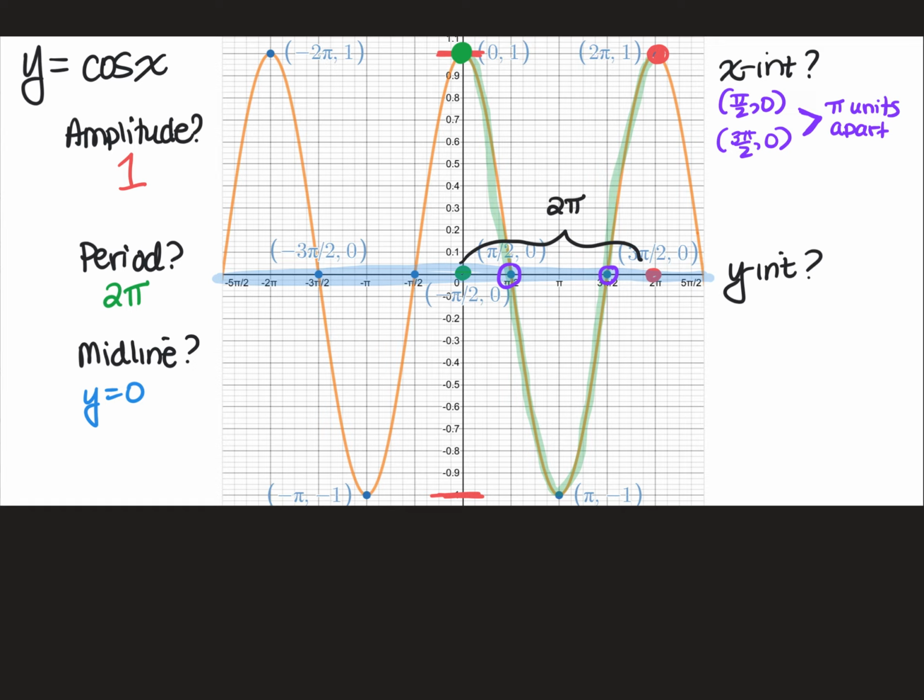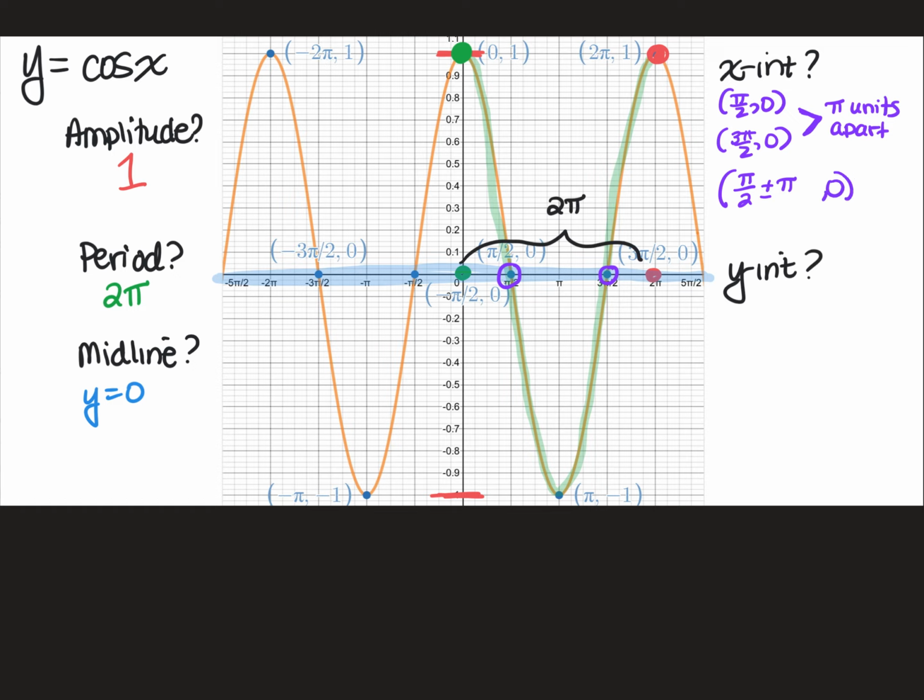What we'll say is that any x-intercept, starting with pi over 2 and adding pi, comma 0, will be an x-intercept. Let me write that a little bit differently: starting at pi over 2 and adding or subtracting pi will give us an x-intercept.